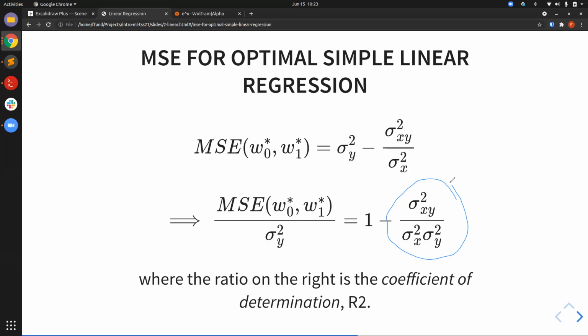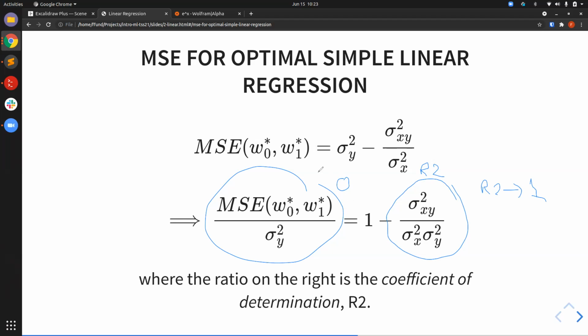What are the possible values for r squared? So best case scenario, we said this quantity here is 0. So what would be a good r squared? If the ratio on the left is 0, then a good r squared would be, okay, 1, best case scenario.